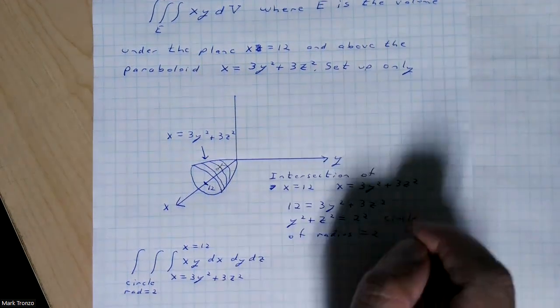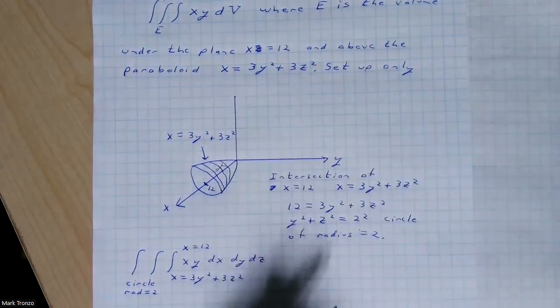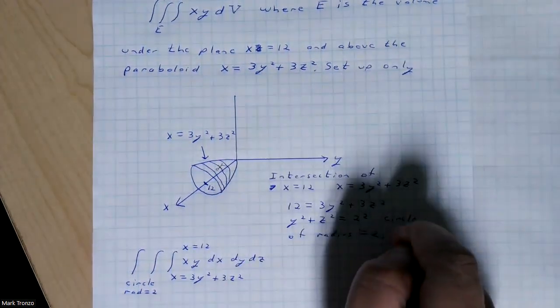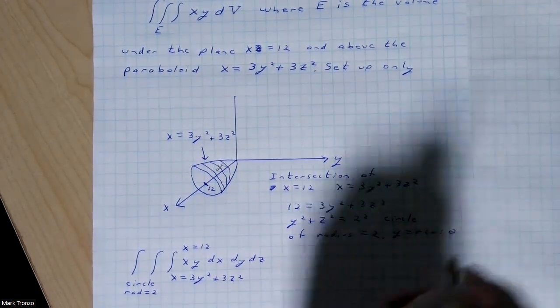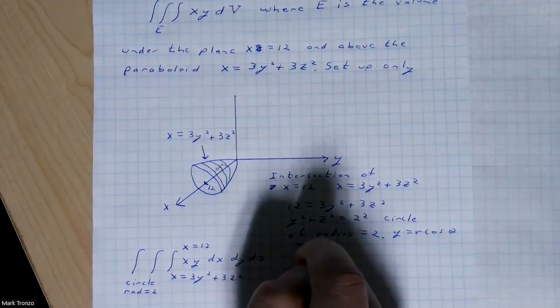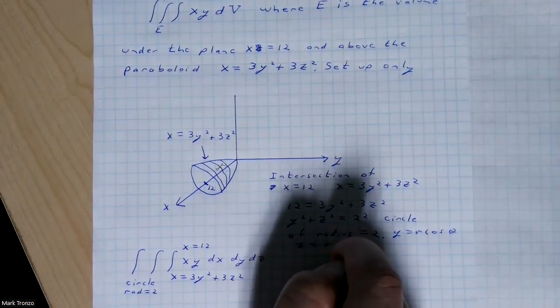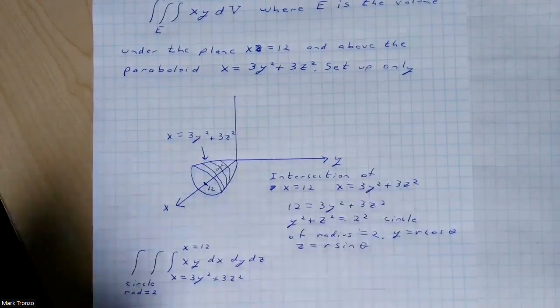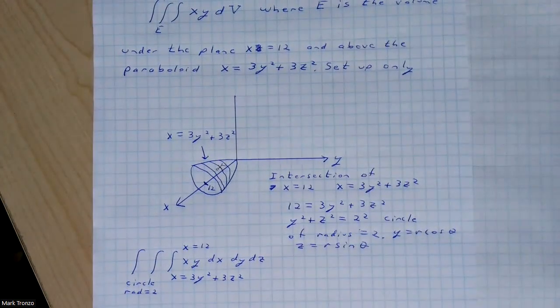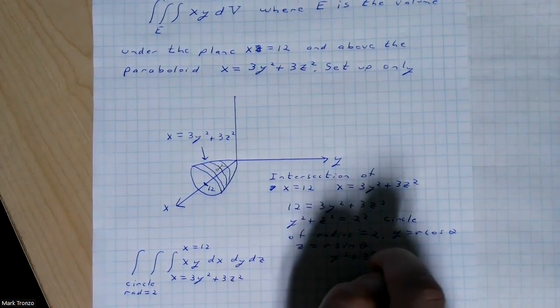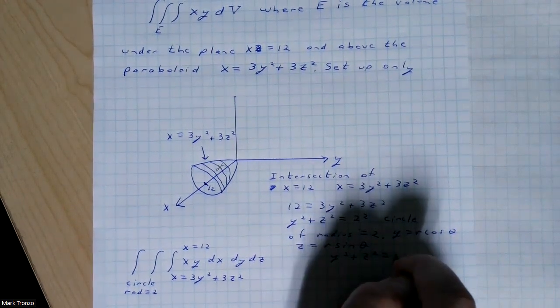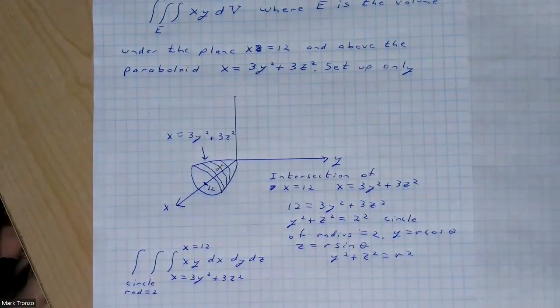So when we do our polar coordinates, we're going to have y equals r cos theta and z equals r sin theta. And of course, y squared plus z squared will equal r squared when we do the polar coordinates.